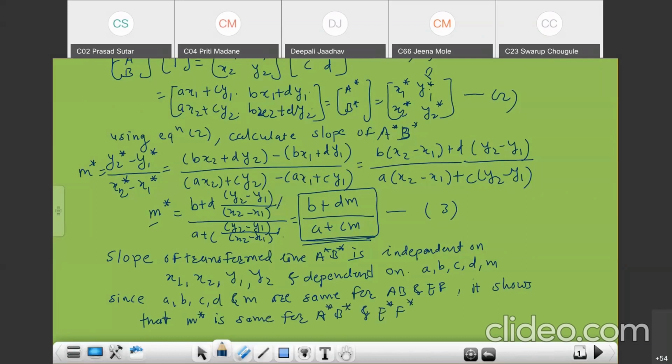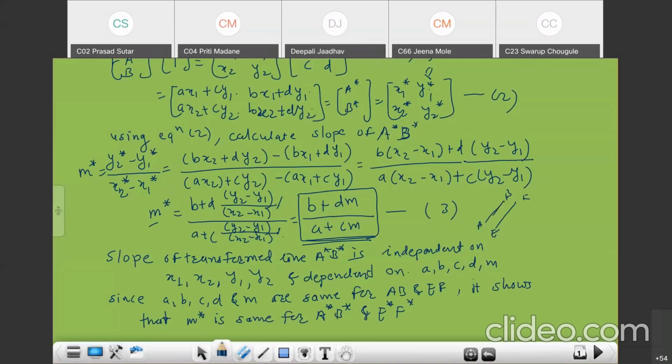Suppose this is AB, EF. The slope is the same for AB and EF. Why? a, b, c, d is the transformation matrix, which is the same, and m is the slope. As these are two parallel lines, the slope is the same.